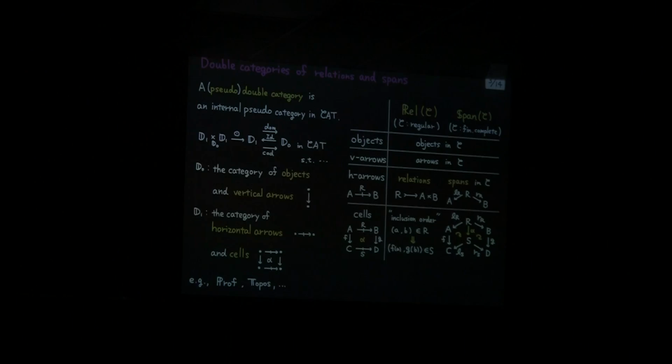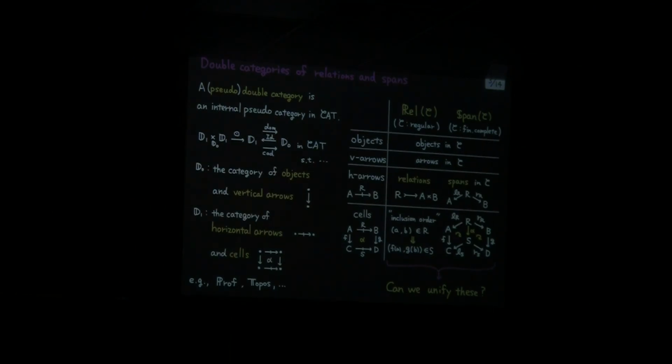Its vertical part is the same, but this time the horizontal arrows are defined as spans, I mean a pair of arrows whose domains are the same. And the cells are defined like this. It is an arrow from vertex to vertex, which is compatible with the two vertical arrows. What we want to do is unify these two double categories in a suitable way.